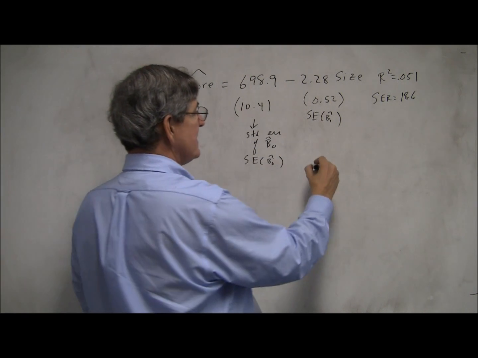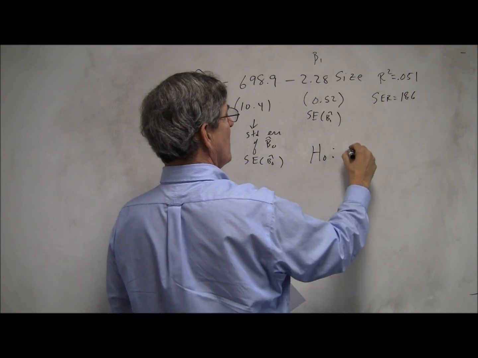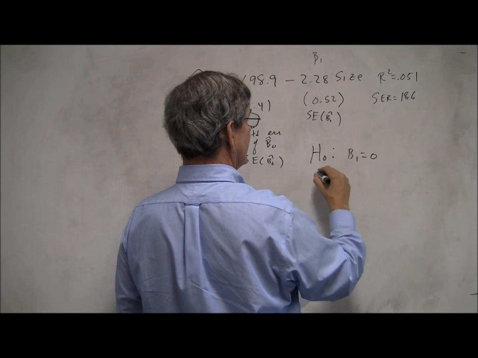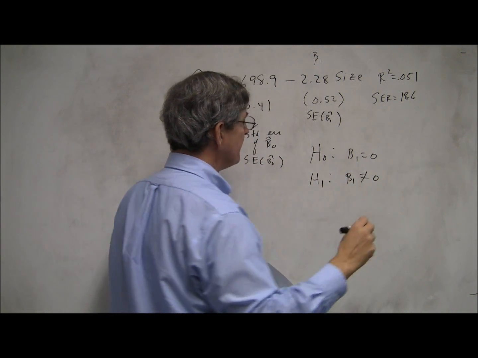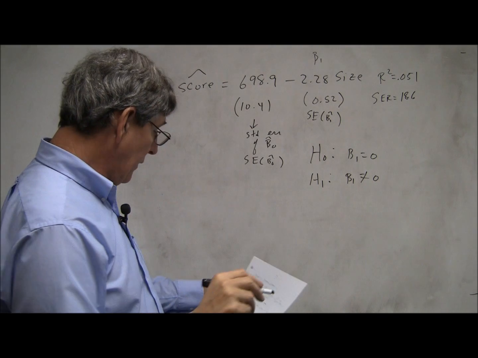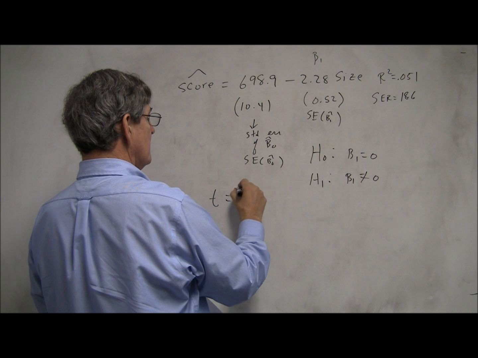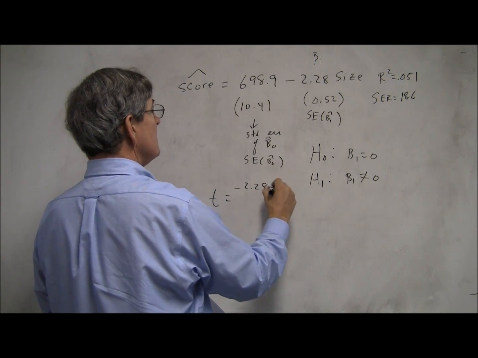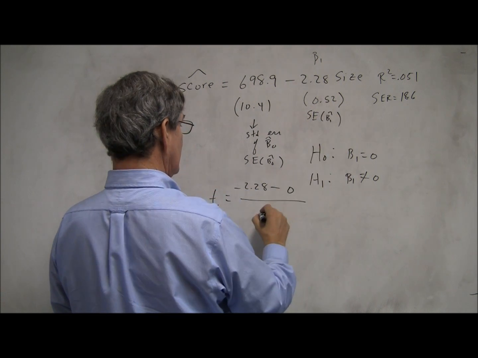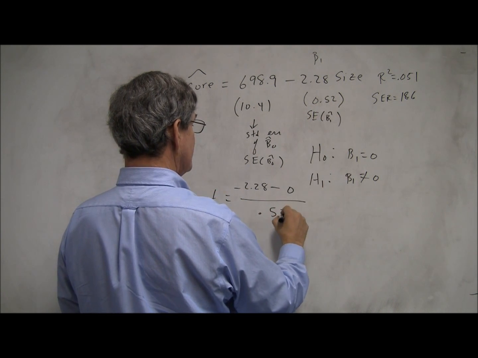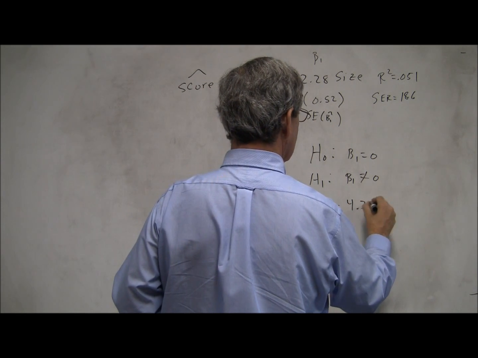Now we want to test the null that beta 1 is equal to 0 versus the alternative that beta 1 is not equal to 0. So we form our t statistic. T is the actual, minus 2.28, minus the hypothesized 0, over the standard error 0.52, and that turns out to be minus 4.38.